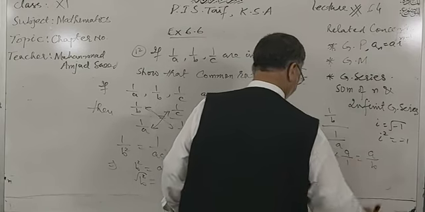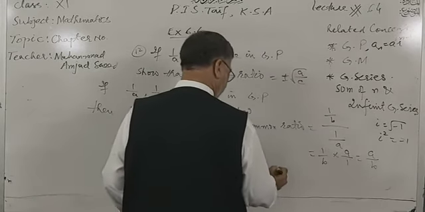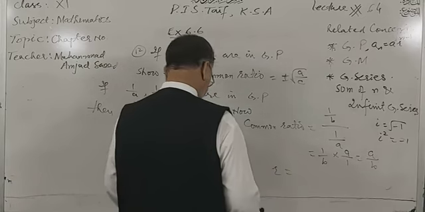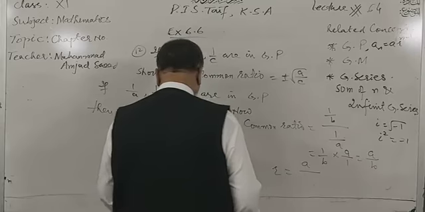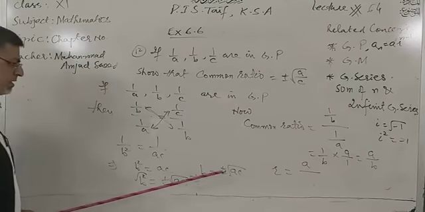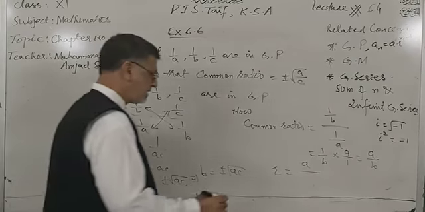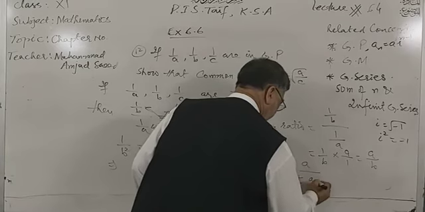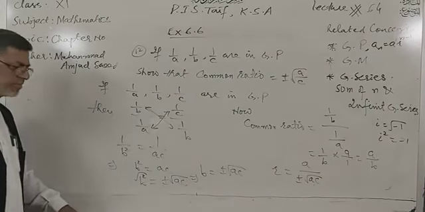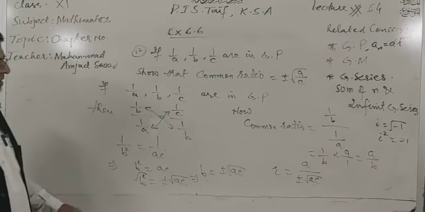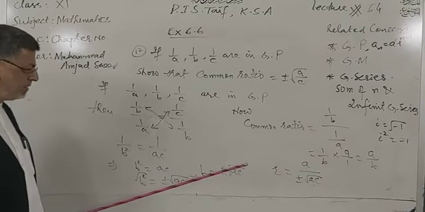That is A over B. So the common ratio R is equal to A over B. What is the value of B? We have found it: plus minus square root of AC. Put the value of B from here.